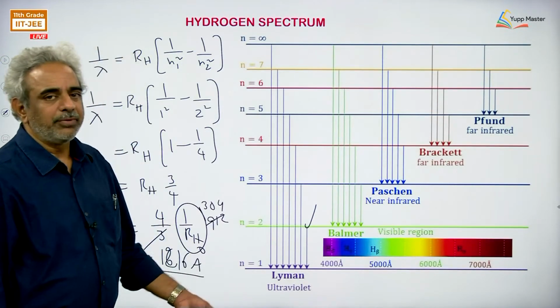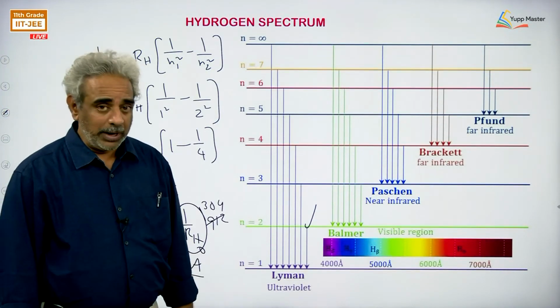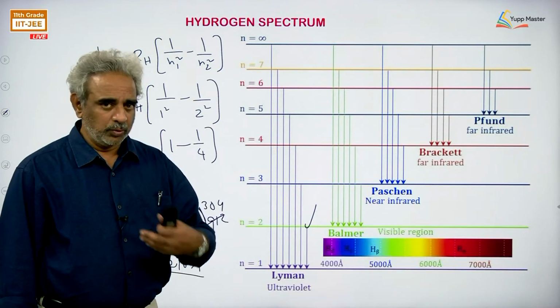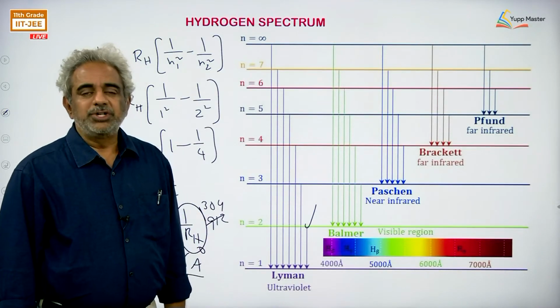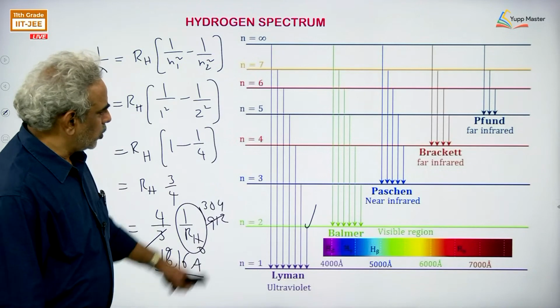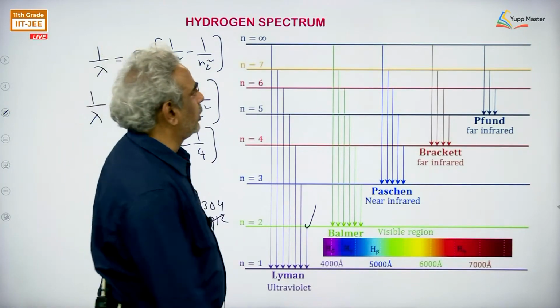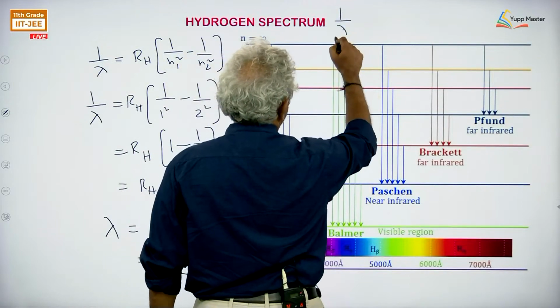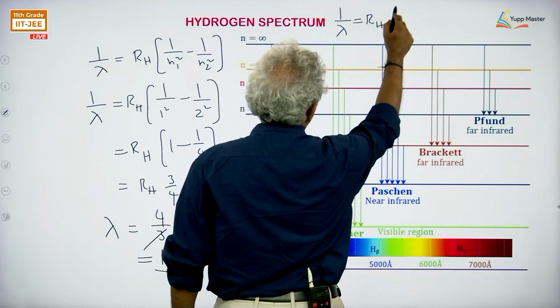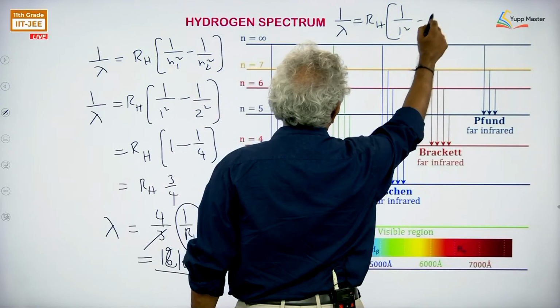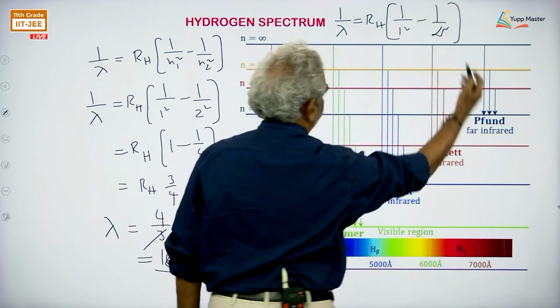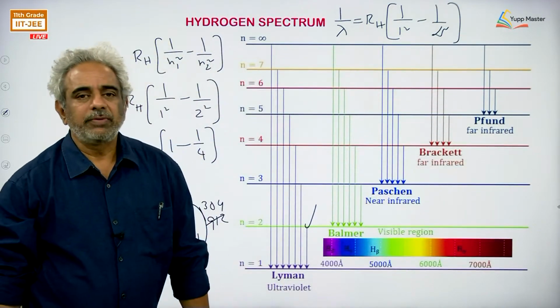1216 angstroms definitely corresponds to ultraviolet light, below violet. And what could be the highest energy radiation? Infinity to 1. How will you calculate? 1 by lambda is equal to RH into 1 by 1 square minus 1 by infinity square. 1 by infinity square is 0.